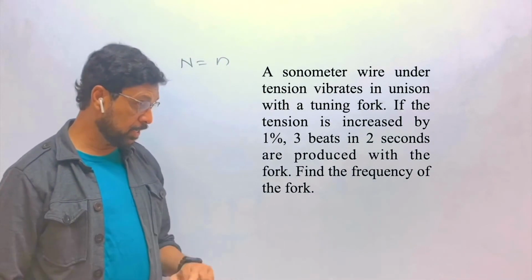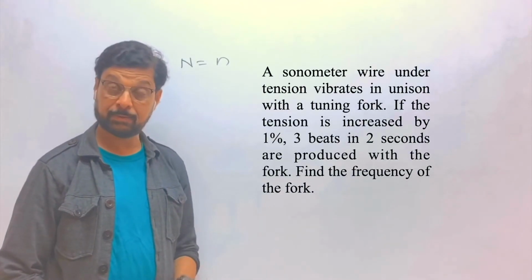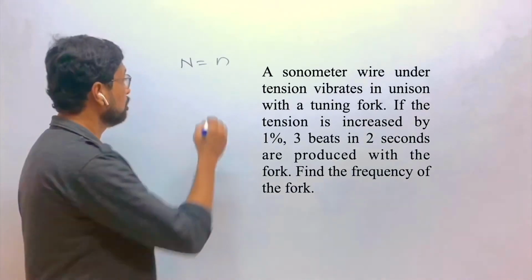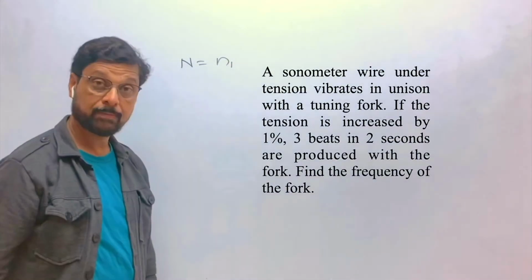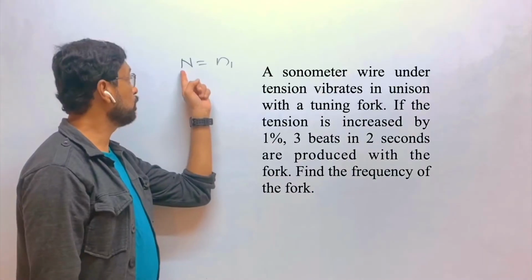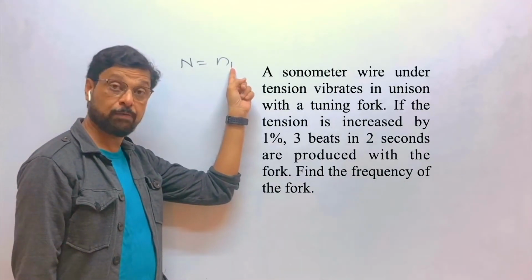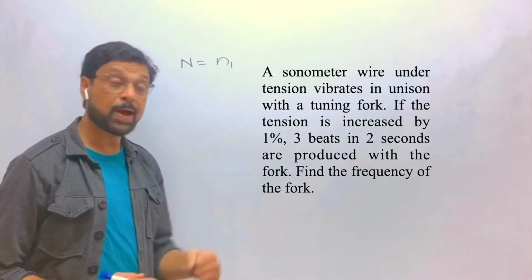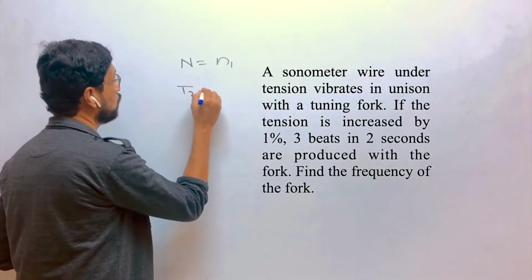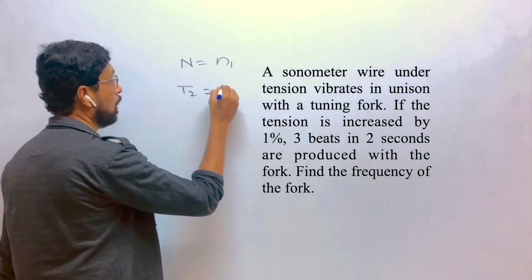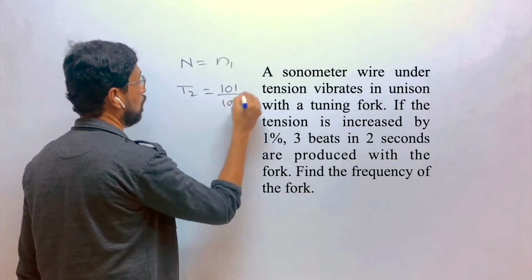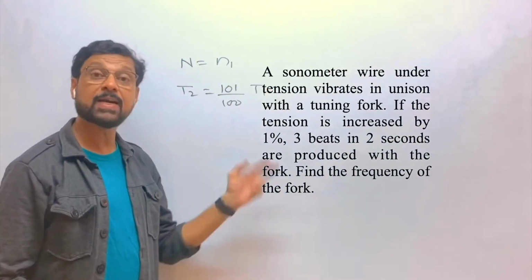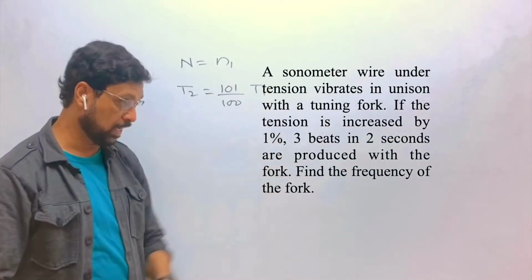If the tension is increased by 1%, tension change हो रहा है तो frequency change होगी, means this is N1 initial condition, frequency of the fork is equal to initial frequency of the wire. If the tension is increased by 1%, T2 is equal to 101% of T1. Increased by 1% means it becomes 101% of the original.